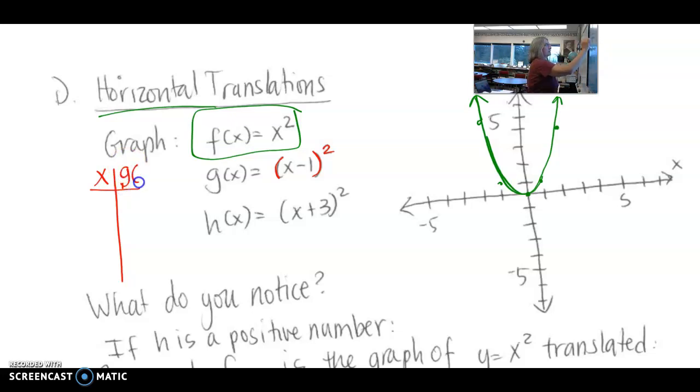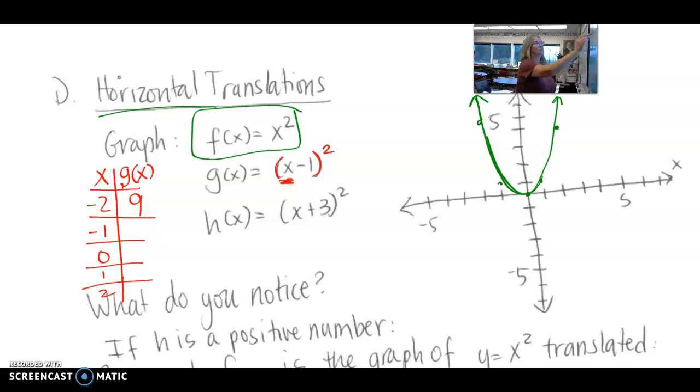If I look at going from -2, -1, 0, 1, 2, and you can also pick up a graphing calculator to put that in to see what happens, but I'm going to do it by hand. If I put in -2 for x, I get -2 minus 1, which is -3, and when I square that, I get 9.